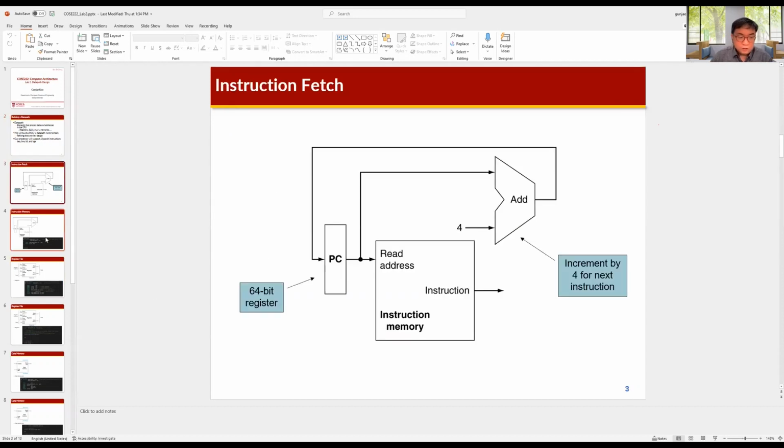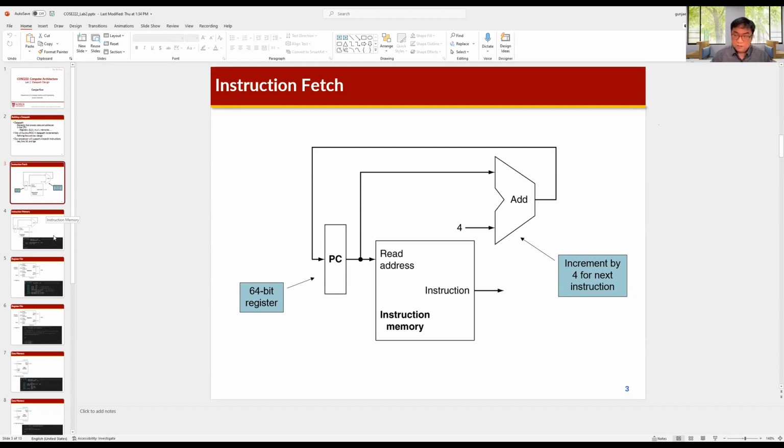We learned about the instruction fetch. Which data path elements are required for this instruction fetch? We require the program counter register and instruction memory. In this lab assignment, you are requested to design the instruction memory. During the class, I explained the operation of memory.